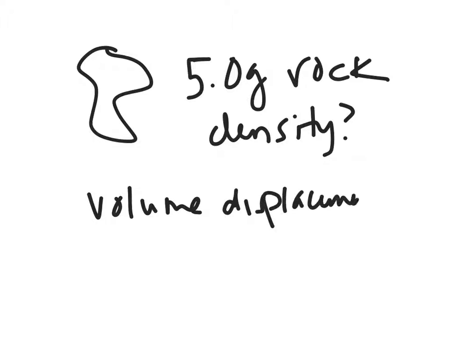So that means we're going to figure out how much volume that rock occupies by figuring out how much volume of water it displaces. So the way we do that is we put it into a measuring device called a graduated cylinder. A graduated cylinder is a tall glass cylinder with measurement markings on it. And we'll look at some of those more closely in the homework examples.